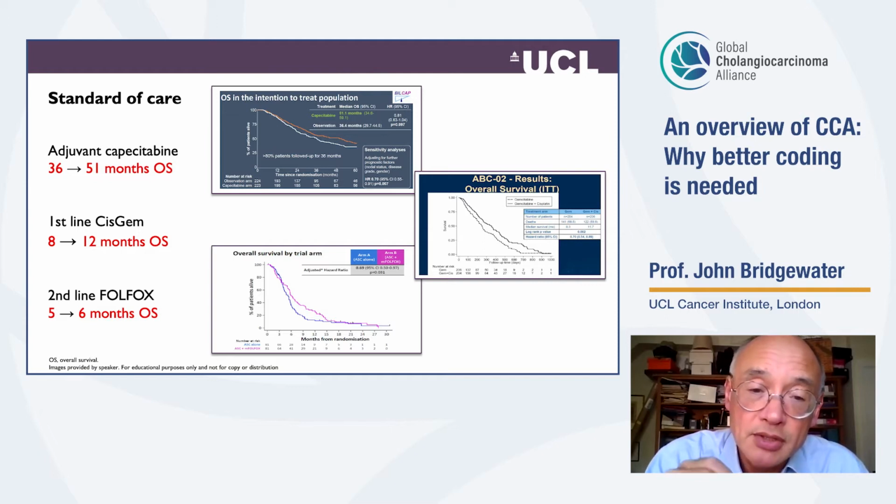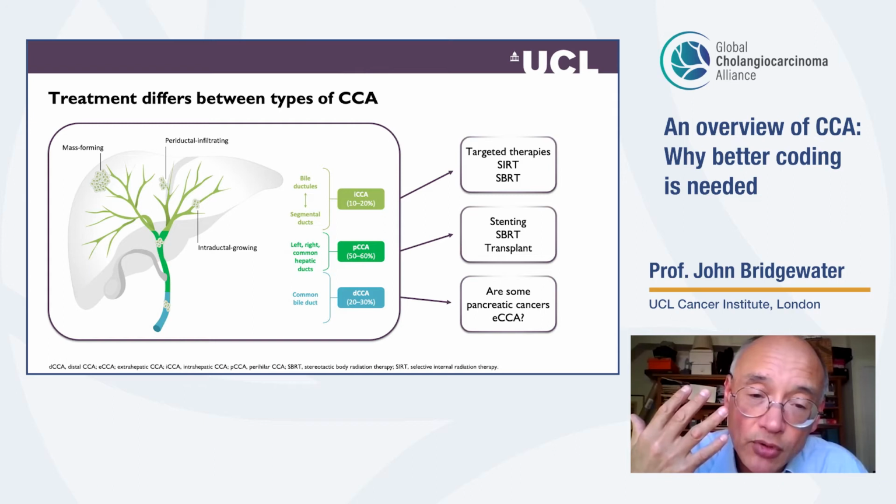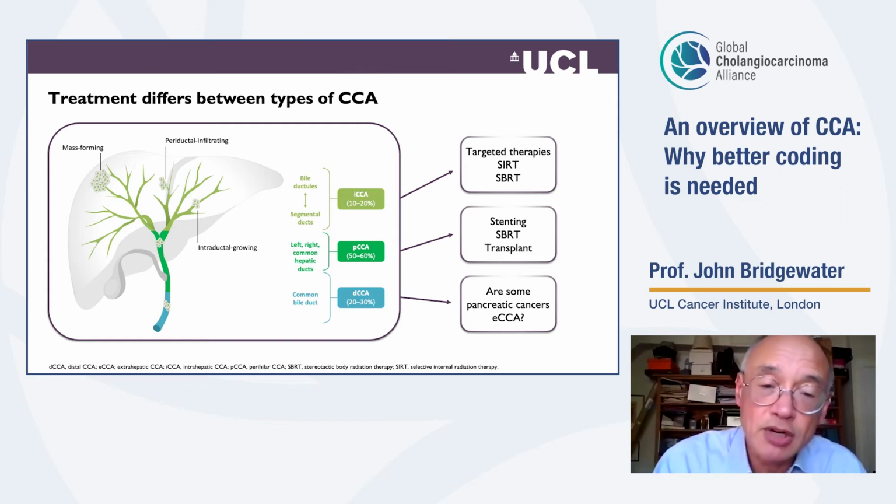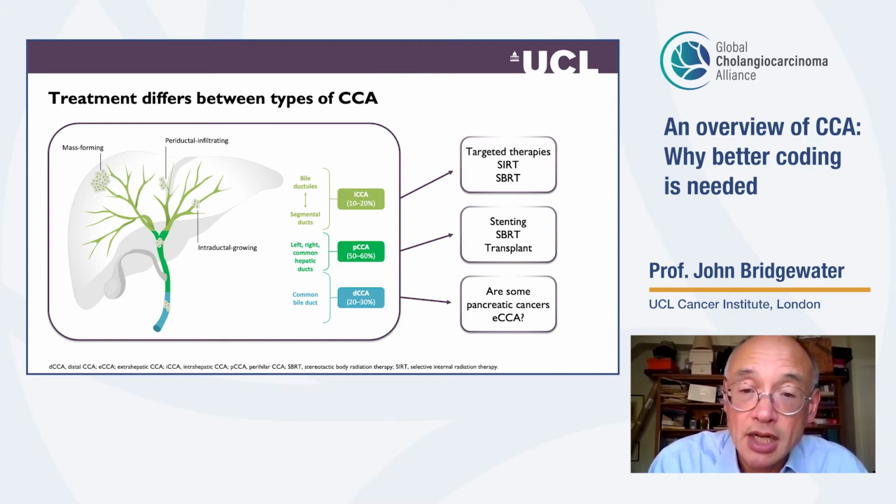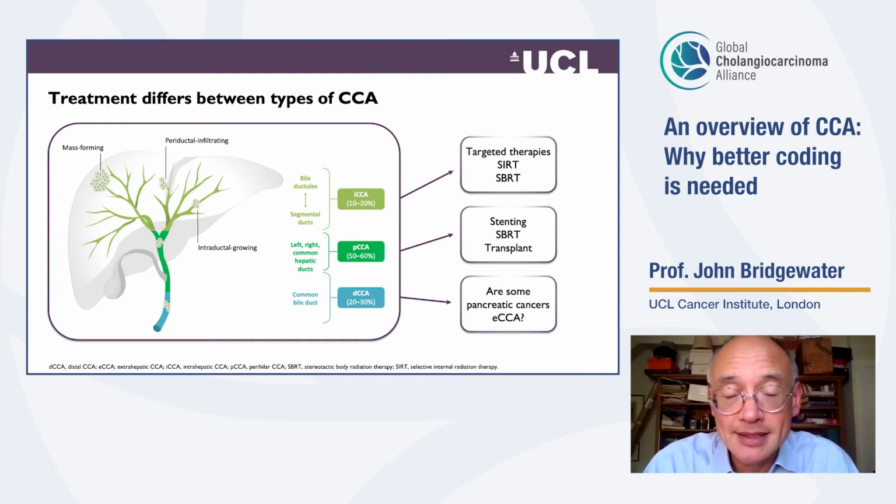So, for instance, if you have an intrahepatic cholangiocarcinoma, so that's the box at the top here, you have about a 50% chance of having a biological target, and that is a gene. That's a faulty gene that generates the cancer, and we are testing for these now.